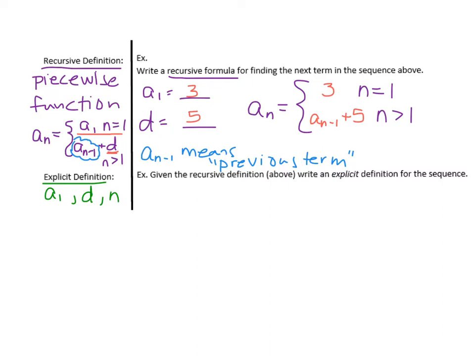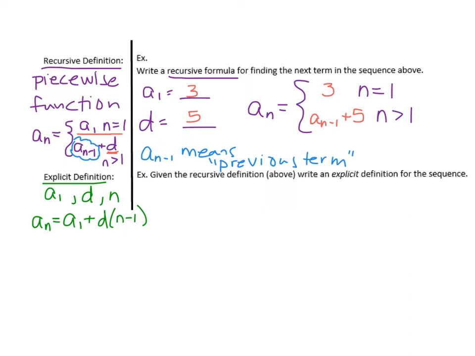So we use all three of those same variables, but now it's not piecewise. Now it's just a formula that will look kind of like slope-intercept form. We follow the model a sub n equals a sub 1 plus d times n minus 1. We plug in everything we know, which is the a and the d, and then we simplify.